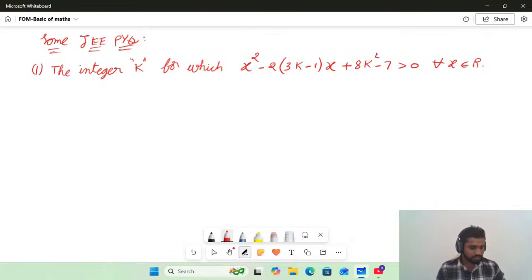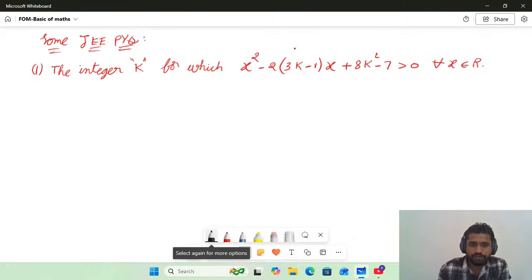So tell me how to solve this question in chat box so that we can start solving. The integer k for which this expression is greater than 0.